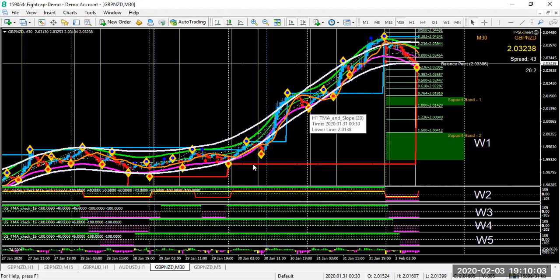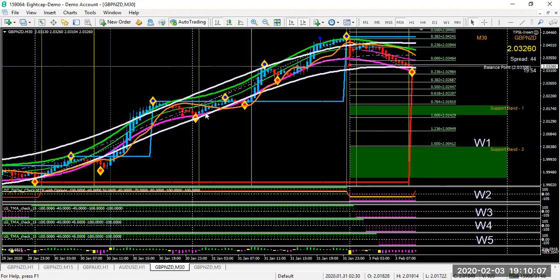As you can see, even on the 30 minutes on Friday, there were entries signaled by the diamonds that would have taken advantage of that. Both the timelines, you know, best time to trade.